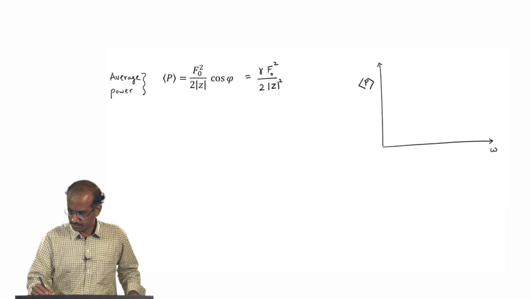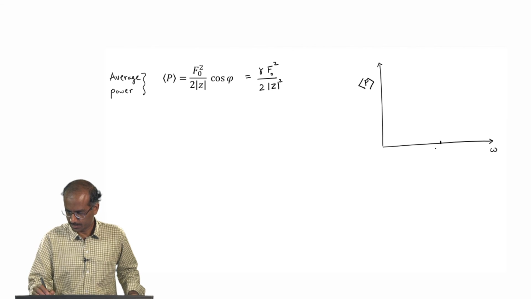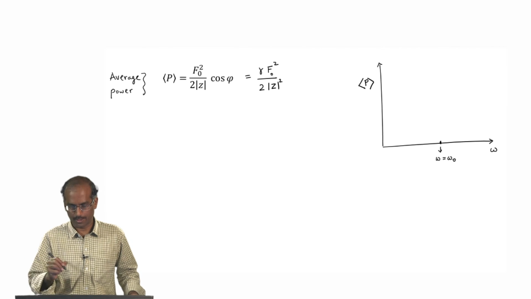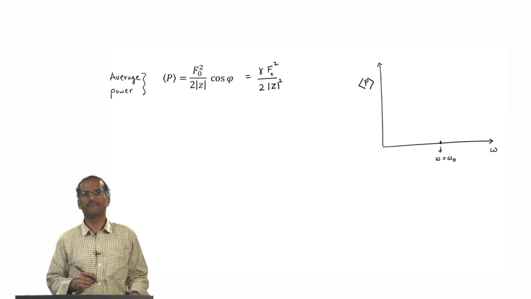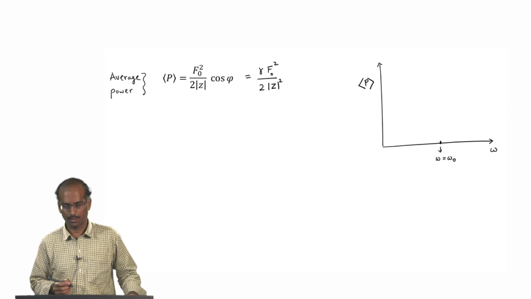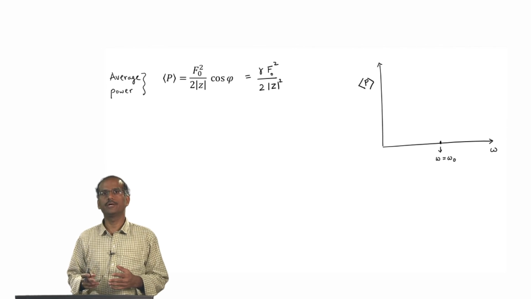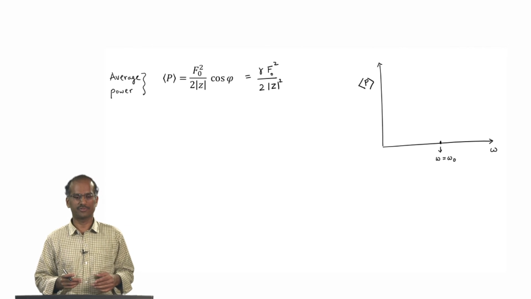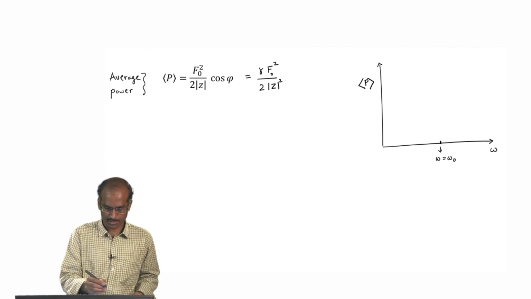I am going to choose some value here as omega equal to omega 0. In fact, you will notice that when omega equal to omega 0, that would be the case when cos phi is equal to 1, as we shall see now.